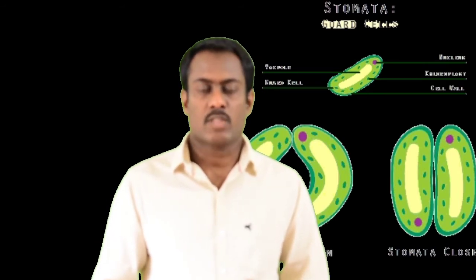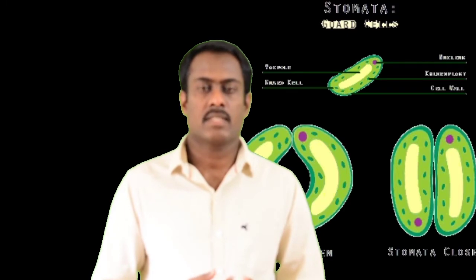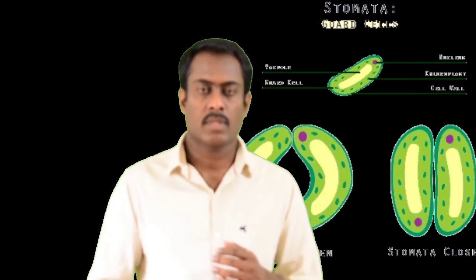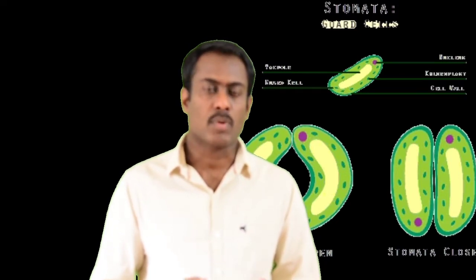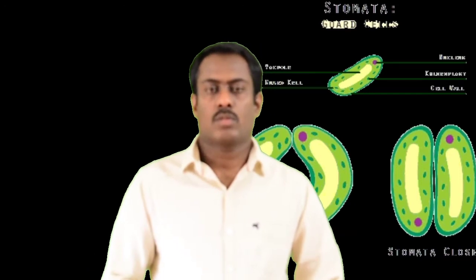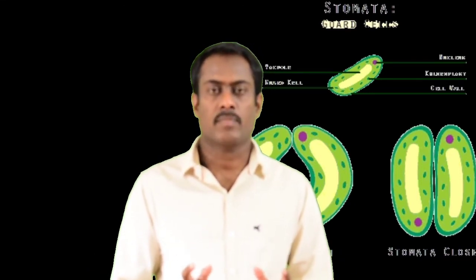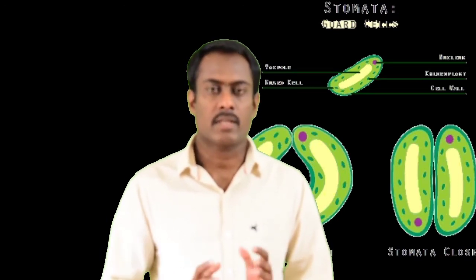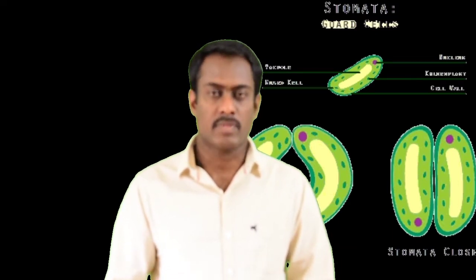In the previous class we learned that the exchange of gases takes place through stomata in plants, by the process of diffusion. The cells in contact with the stomata have a large intercellular space between them so that all the cells are in contact with the air.